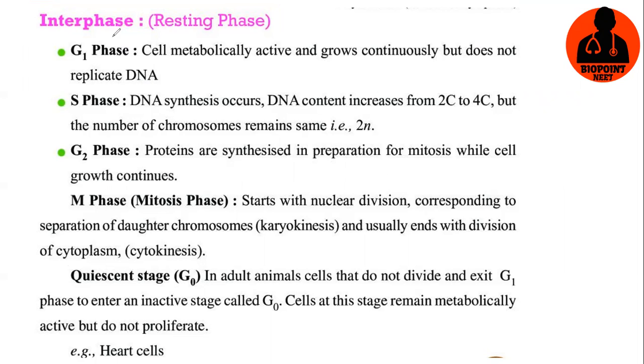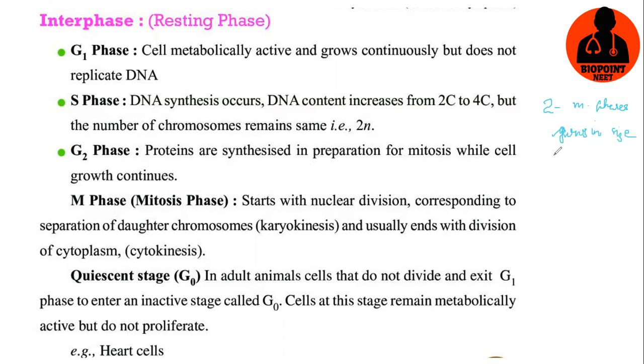It is the phase between two successive mitotic phases or M phases. And in interphase, the cell grows in size and prepares itself for the next division. So what is occurring in this interphase? The cell grows in size. Cell size increases.